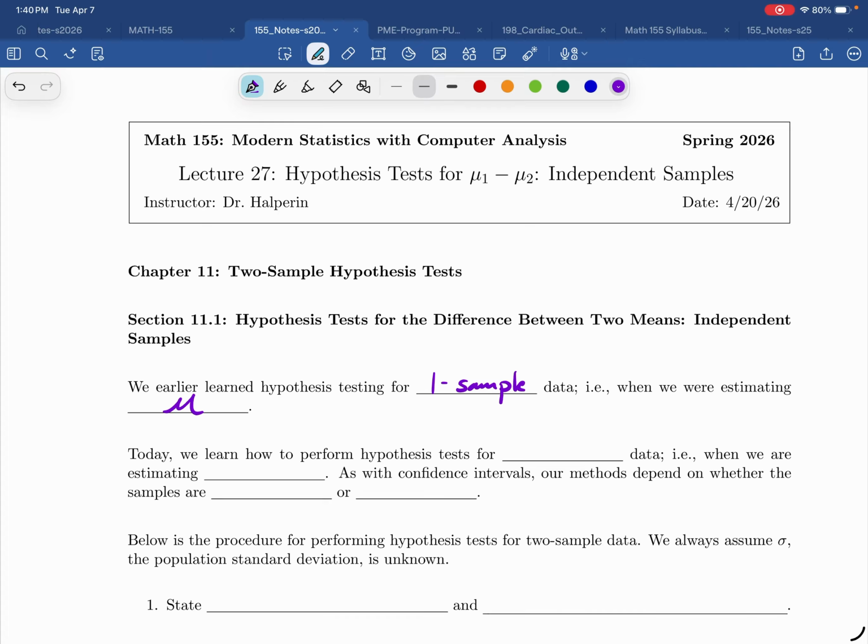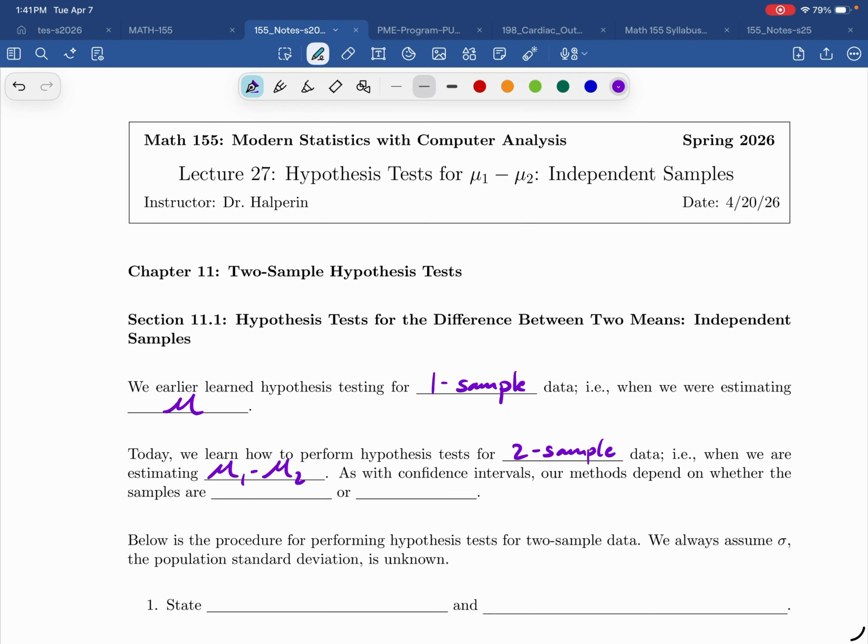And now what we're going to do is hypothesis tests for two sample data, where we're estimating the difference between population means. And this is analogous to what we did with the confidence intervals in Chapter 10 with two samples.